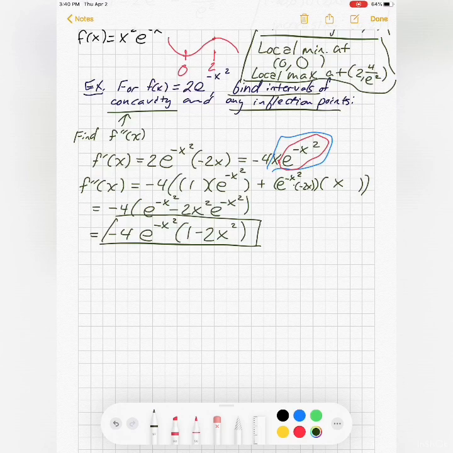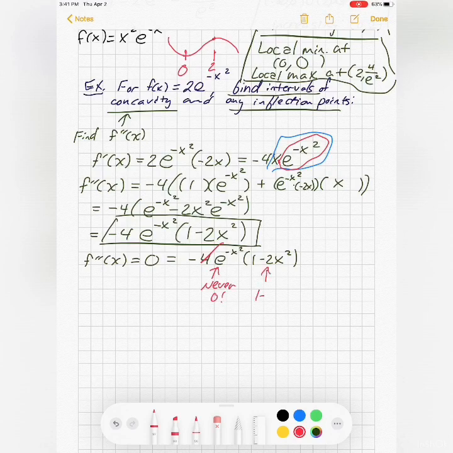So now I'm interested in where the second derivative is 0. So if I set this expression equal to 0, let's see, I can cancel this. This guy is never 0, it's an exponential.